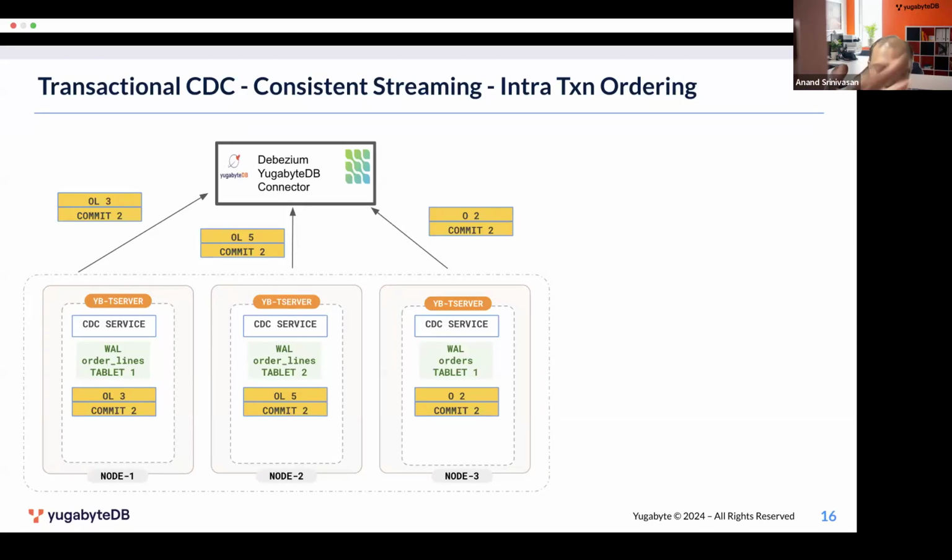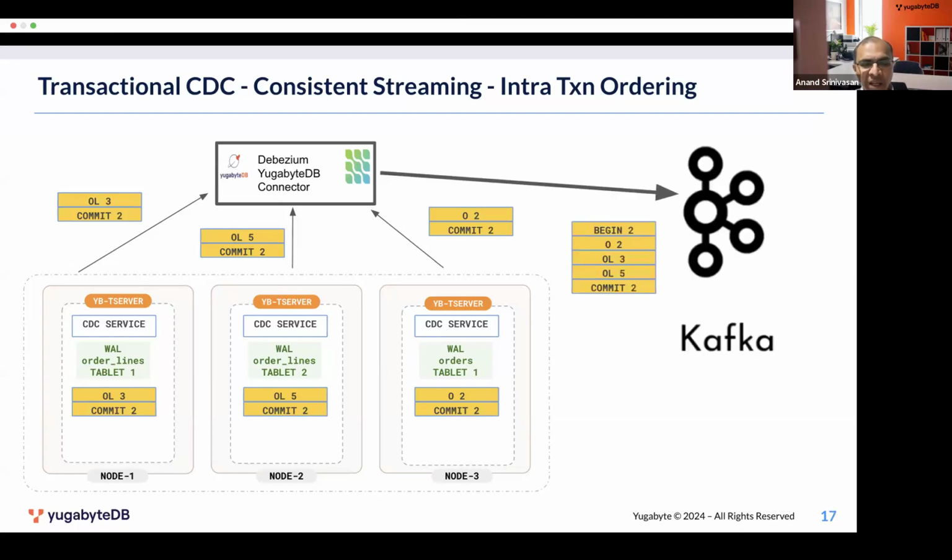So it collects the pieces of the transactions from each of the tablets, puts them together in the right order, thereby getting the right order within the transaction, the intra-transaction ordering, and writes it to the Kafka topic in that order.